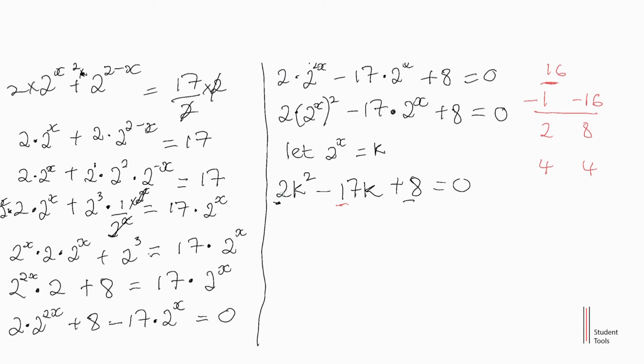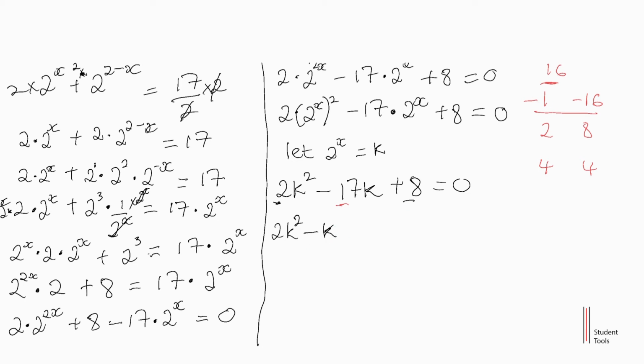So now we bring down the 2k squared, and next we take one of our factors, which is -1, so we'll say minus k here, because minus k has the coefficient of -1.